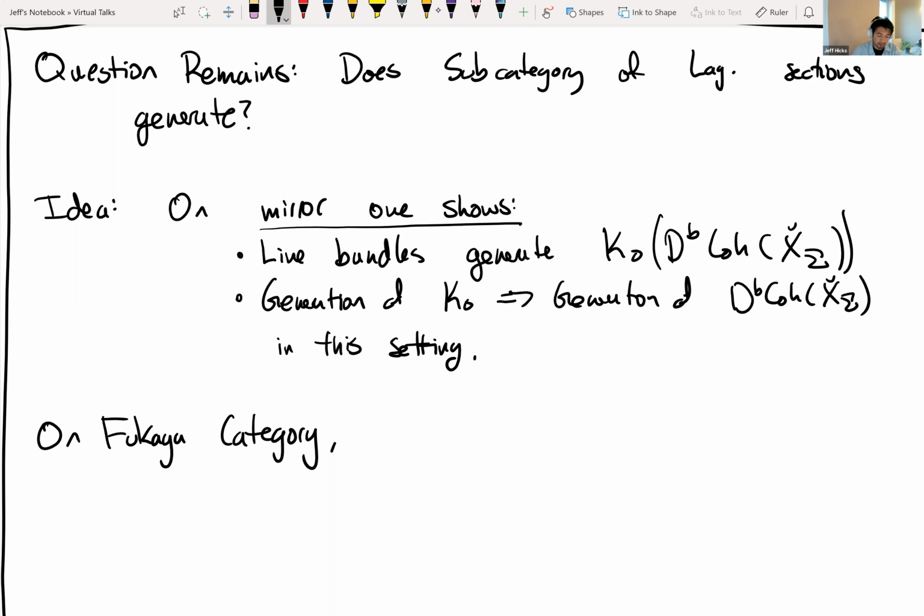The first fact that you would use is that if you look at the category of line bundles, they generate the Grothendieck group of the derived category of coherent sheaves on the toric variety. And then there's a second fact that you have to use, which is that in this particular setting, knowing that you're able to generate the Grothendieck group is enough to show that you generated the derived category of coherent sheaves.